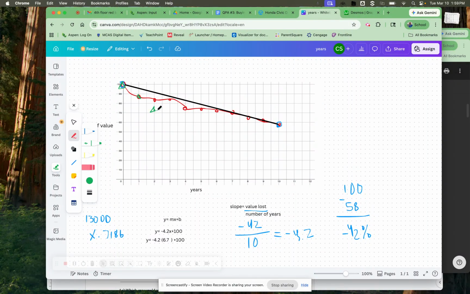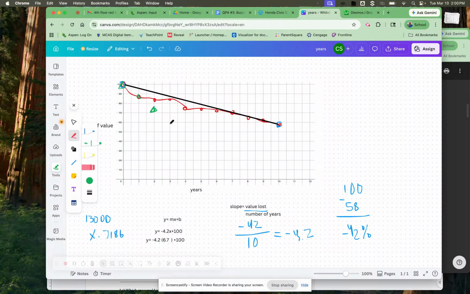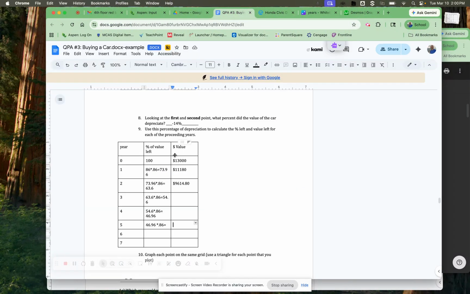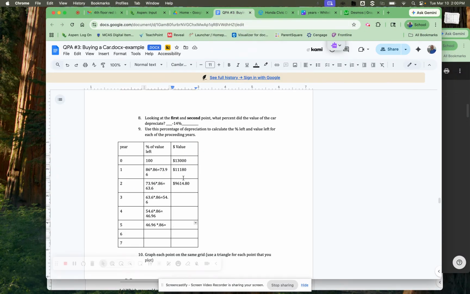I'm going to make it a triangle. After 3 years, it's worth 63%. I'm going to put another triangle. After 4 years, worth 54.6. I'm going to put a triangle. 5 years, 46.9.